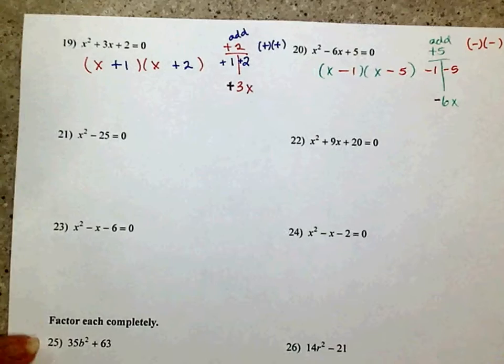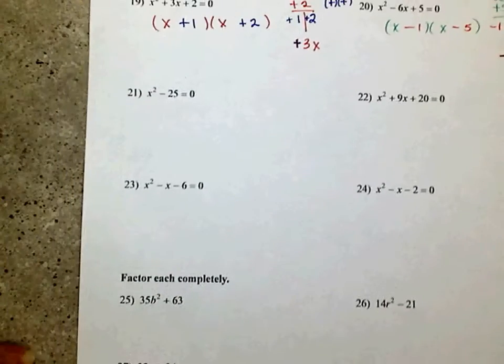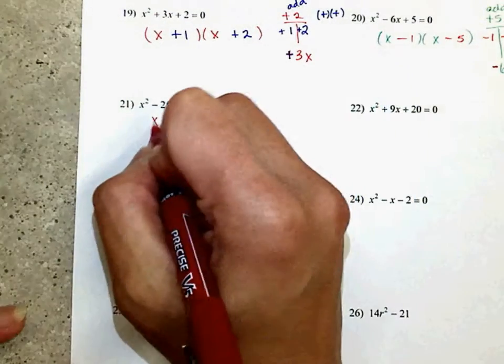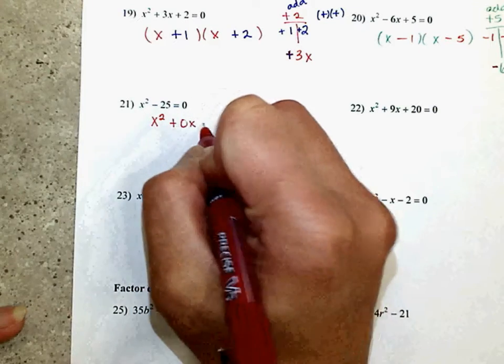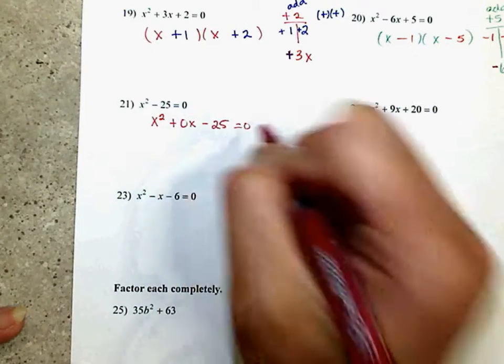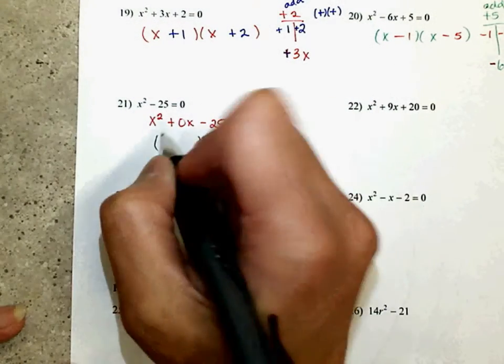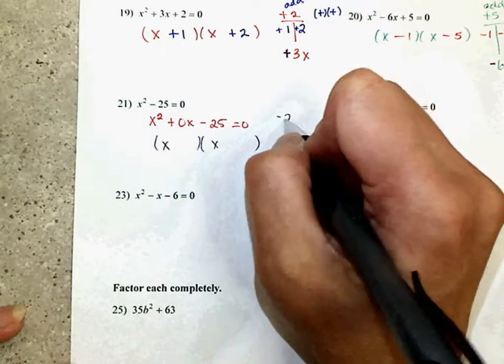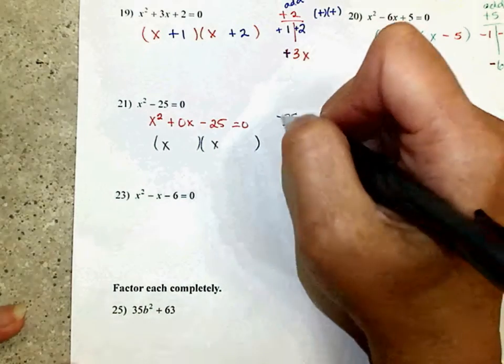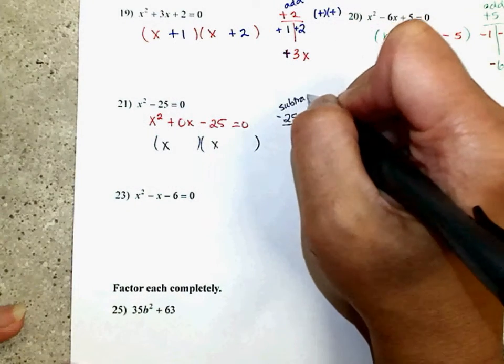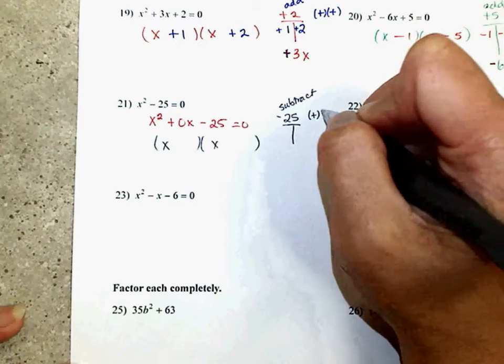Number 21. This is the same as x squared plus 0x minus 25 equal to 0. Okay? 2 sets of parentheses. X and x. Negative 25. That means I'm going to subtract. And when I subtract, I will have a positive and a negative.